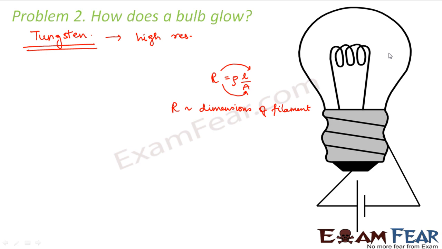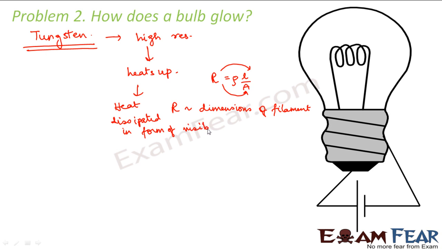So inside the glass, they often fill inert gases so that the glass bulb does not come in direct touch with this white hot filament. I hope you understood how the bulb glows. It is because of the tungsten filament which offers resistance to the current flow. Let me write it down: tungsten offers resistance, this resistance heats up, and the heat is dissipated in the form of visible light.